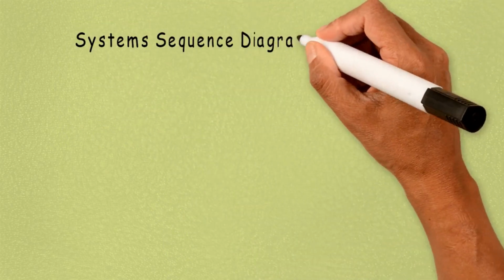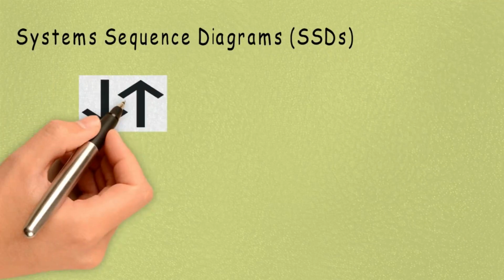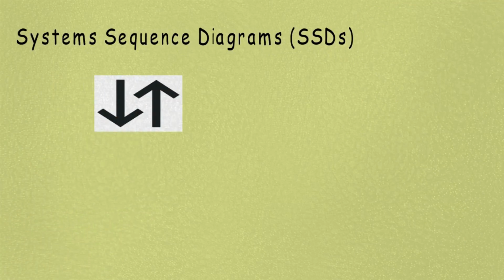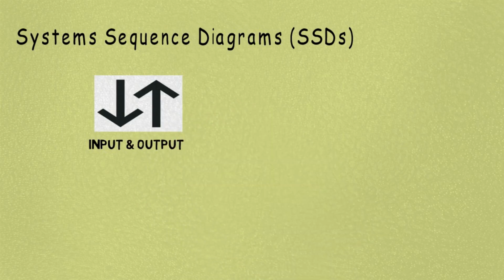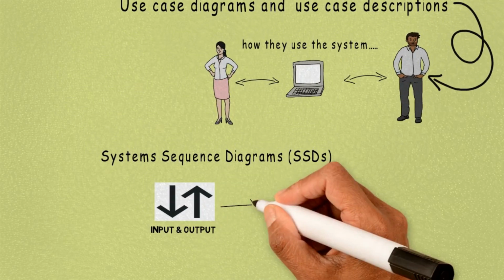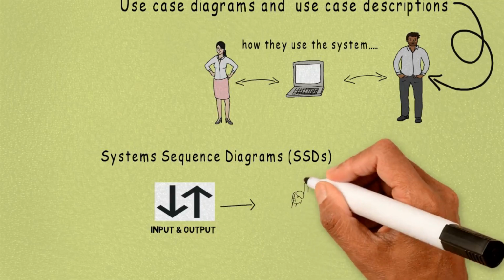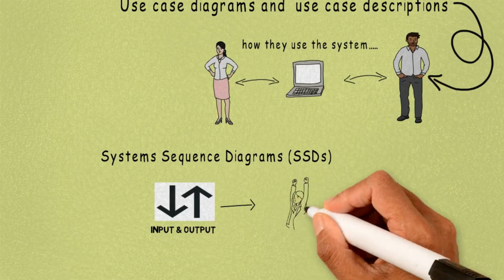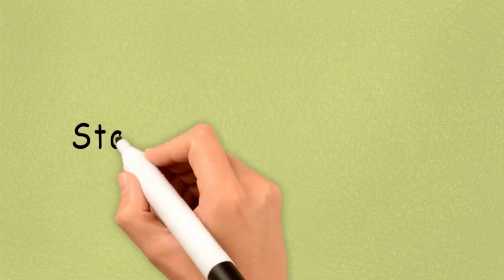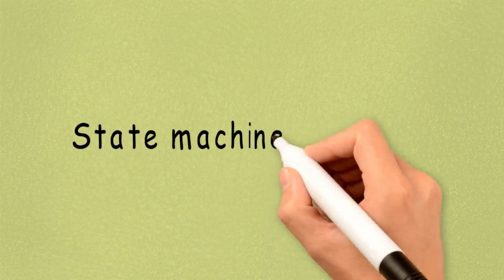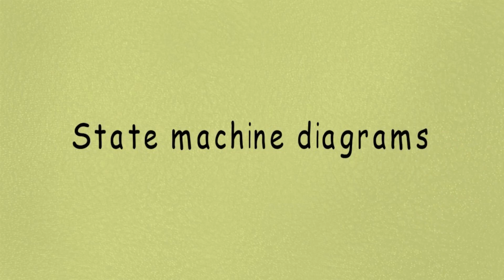Next, we have the system sequence diagram, or SSD. It defines the input and output of the sequence and the interaction between the user and the system for the use cases. Next, we have the state machine diagram.